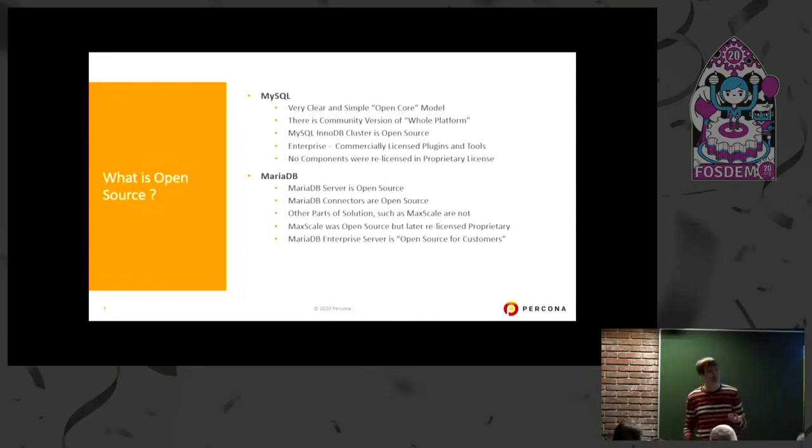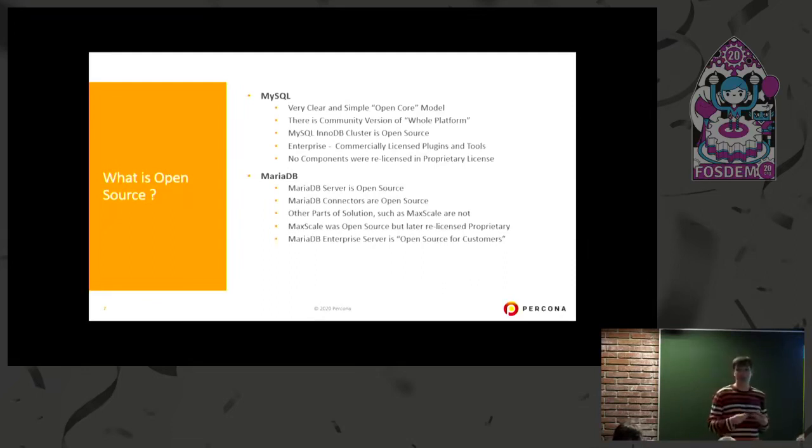But what I think is great is Oracle never took anything back, like, oh, that was under an open source license, and that's not anymore. In the MariaDB space, MariaDB server is obviously open source. MariaDB connectors are open source, and many of them are managed by the corporation.